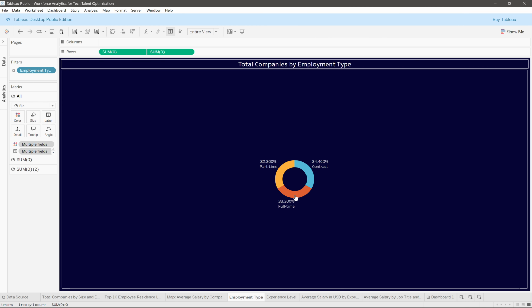By reading this chart, we can see whether this data set represents a stable full-time landscape or a flexible, contractor-heavy ecosystem. Leaders can understand where to source talent and where competitors may be over-relying on external labor. So 34% is contract, 32% is part-time, and 33% is full-time. That is good for the company.